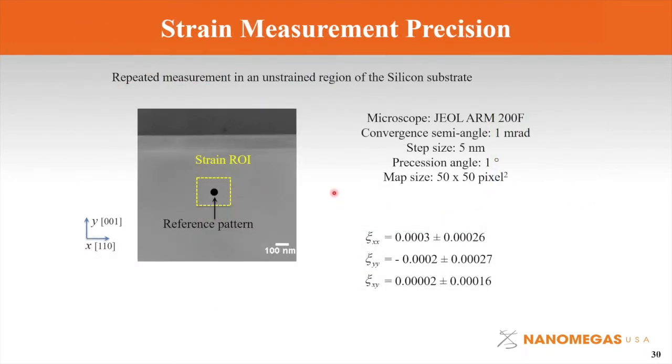The strain measurement precision is typically evaluated by repeated measurements of strain in an unstrained region, with the reference randomly chosen from one of them. Here is a focused ion beam prepared silicon substrate. The standard deviation of the strain measurement shown on the right gives you an idea about the precision of the measurement.